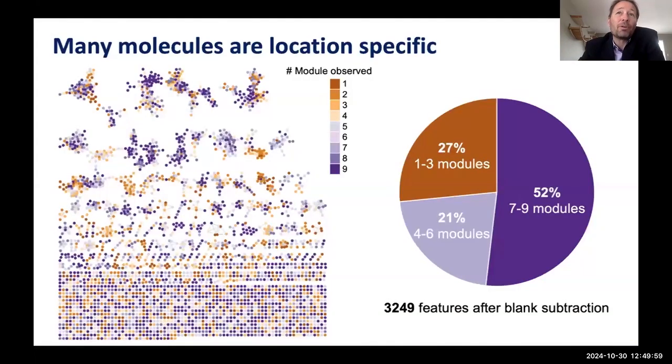And so when we performed LC-MS analysis after blank subtraction, we can start to see about 3,200 mass spec features. And you can start to see that some of these are very uniquely observed in just one module, and then others tend to be distributed pretty widely among all the different modules in the space station.